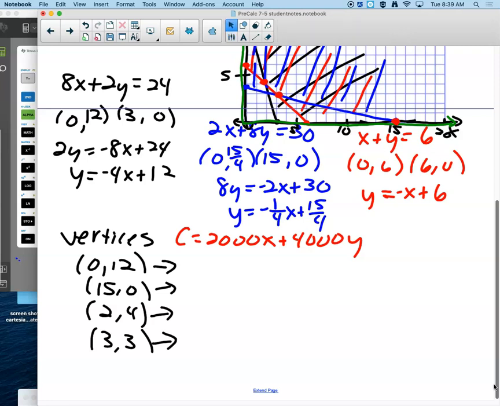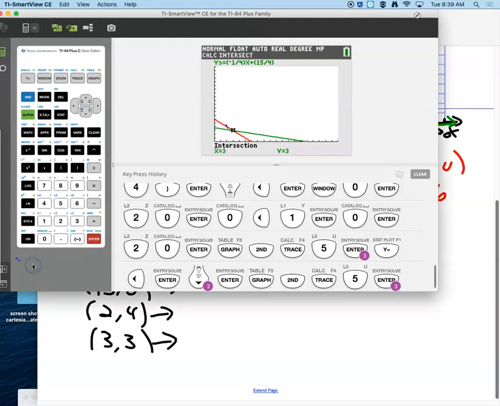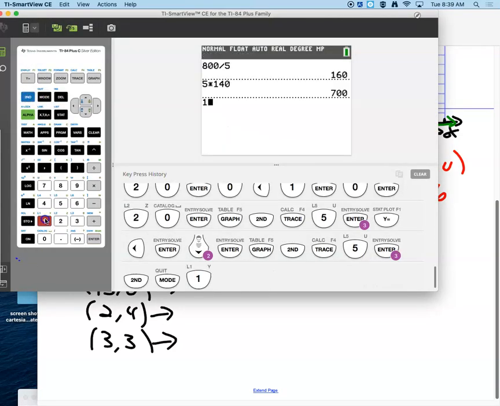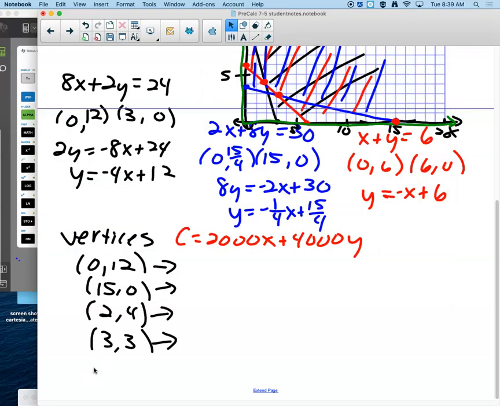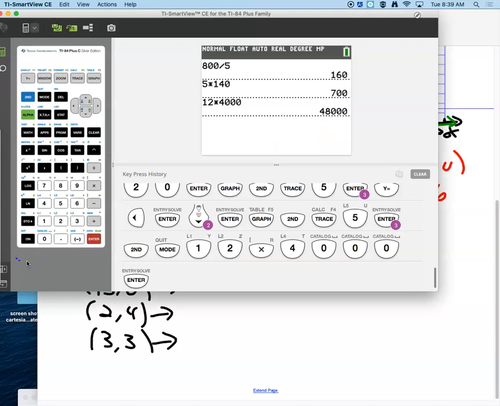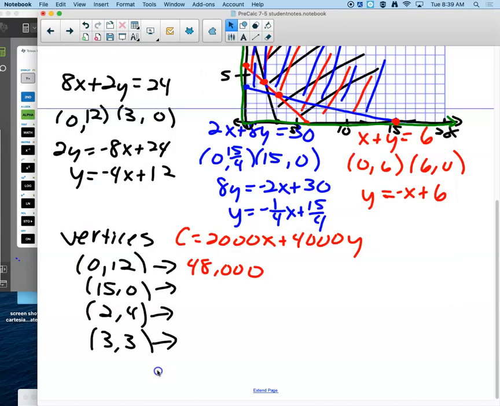All right, so 0 of factory A and 12 of factory B will give us, I'll punch it in, although it's kind of silly, $48,000. 15 of factory A, again, kind of silly, but 30,000. 2 and 4.